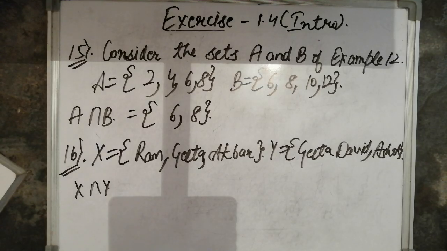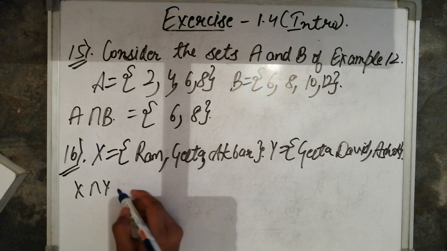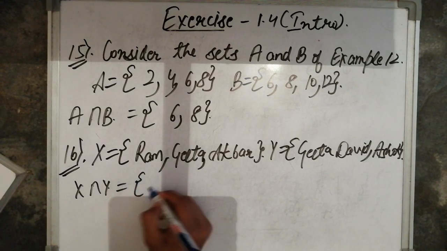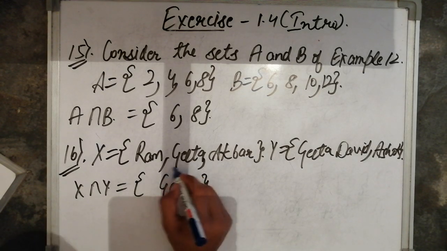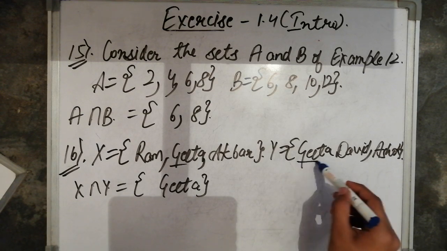Students, do you know what is NCERT's motive behind giving this example again and again? The only motive of NCERT is to get a better understanding of the concept. Okay, and in X intersection Y we will have Gita, as Gita is the only element which is present in both of these sets.